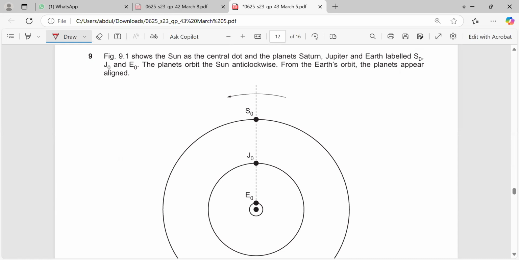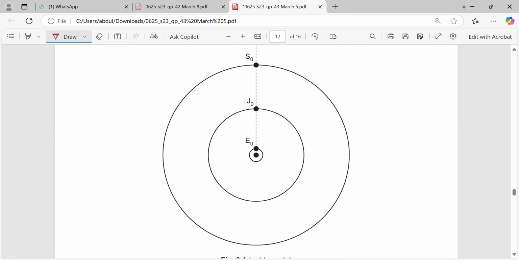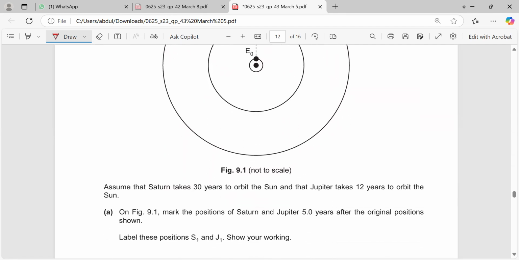The planets orbit the sun anti-clockwise. Check, the direction is given. For memorization you can say anti-clockwise is a turn on the left hand side. So the sun is there in the center. The figure is not to scale.